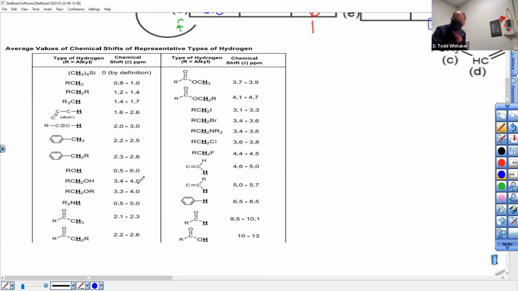Look at 3.4 to 4.0. The O has a bigger effect than the number of carbons attached, doesn't it? Look, up here is where carbons attached has a very small effect. Please don't be using that to make your decisions if you have a functional group. There's the H attached to C that's part of an alcohol. Give me a number in that range.